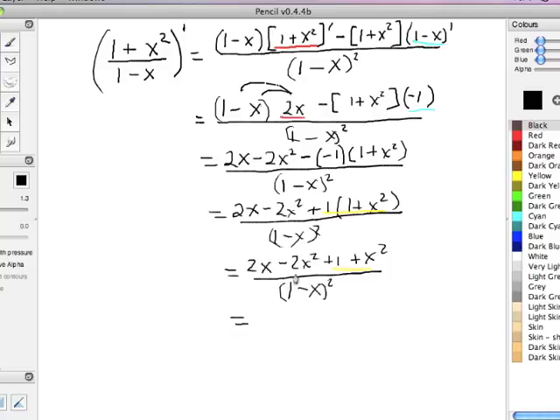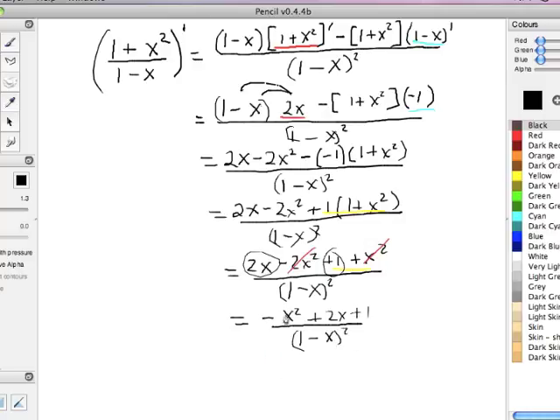We have negative 2x squared plus x squared. That leaves us negative x squared, or minus 1x squared. We have a 2x. We have a plus 1, all over (1 minus x) squared.